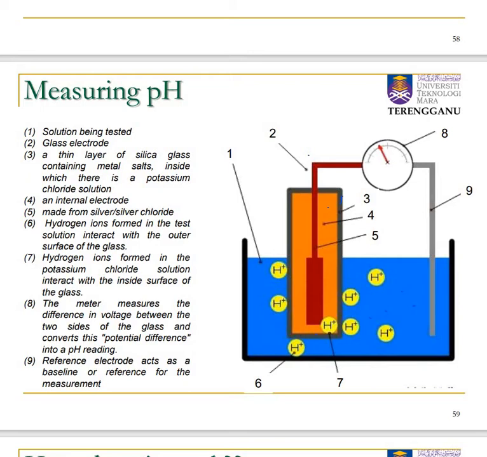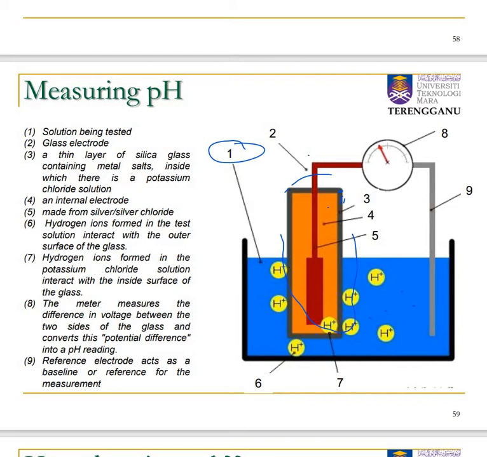So first is the solution being tested, which is the blue solution. This one we need to measure the pH. The second one is the glass electrode. So basically this is the set of glass electrode. At this glass electrode, number 3, there is a thin layer of silica glass, the grey one.